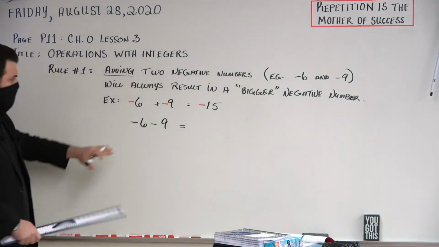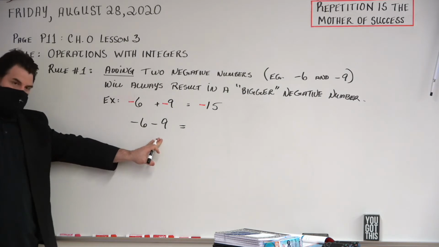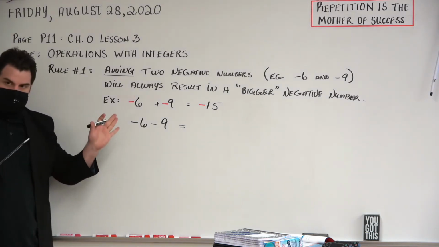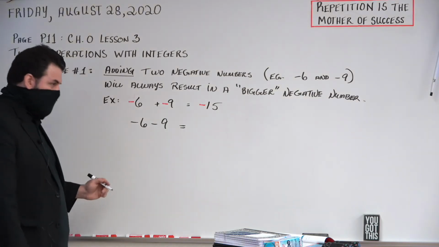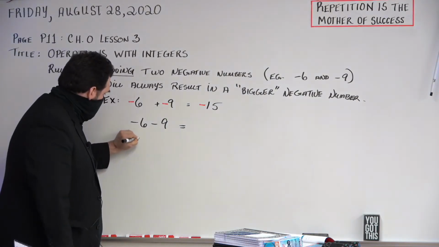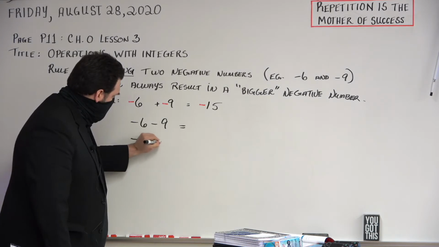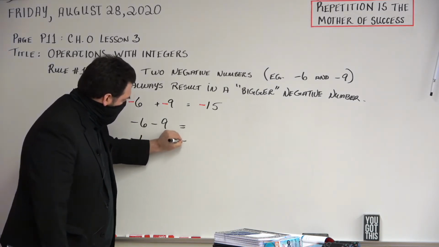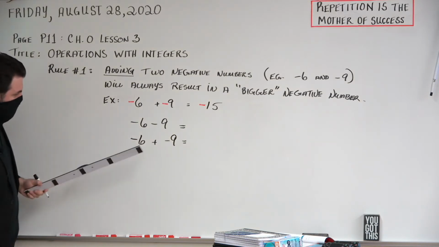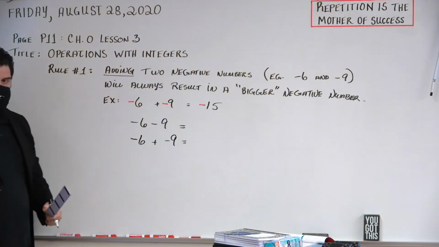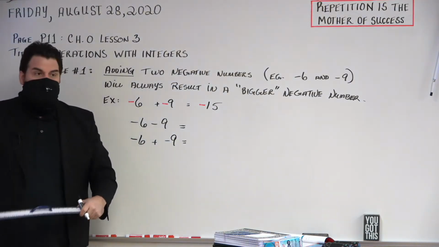So when you see a problem like this, it's very tempting to make a mistake. Whenever I see a problem like this, my first step is to rewrite it like this: negative 6 plus negative 9. To me, that makes more sense. There is no such thing as subtraction in mathematics.